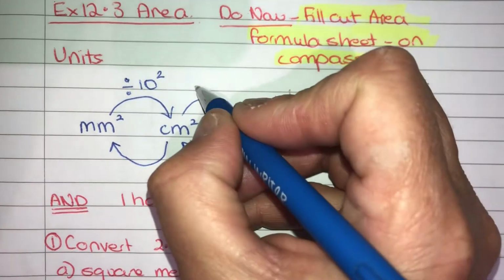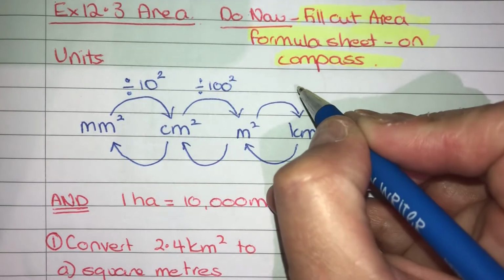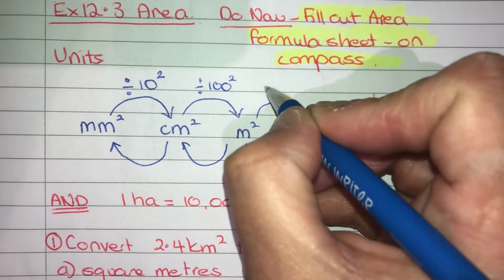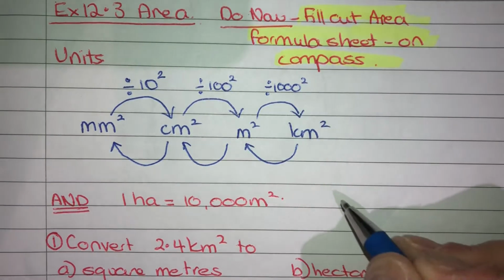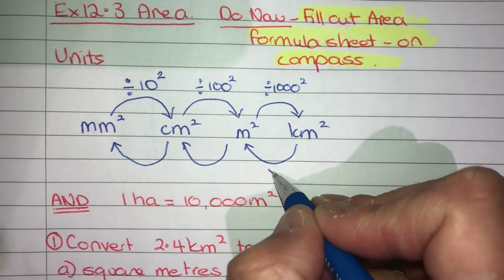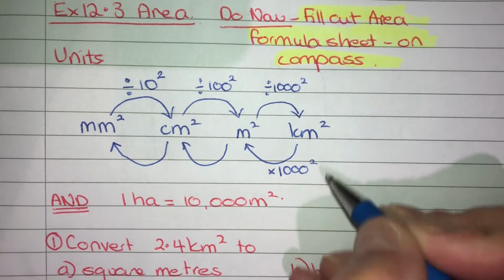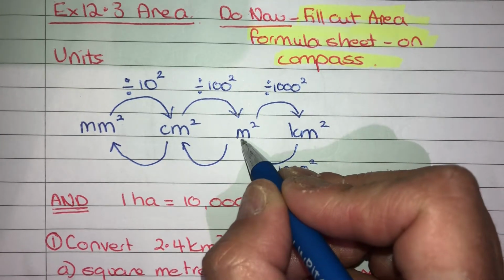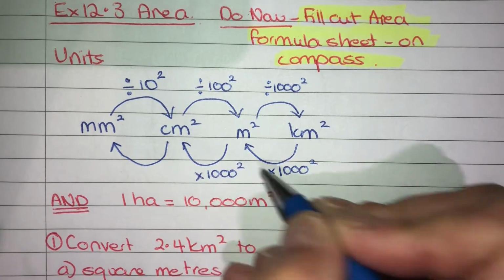Then we use the same pattern. So this one's going to be divided by 100 squared. And from metre squared to kilometres squared, we're going to divide by 1,000 squared. So then along the bottom, these are of course multiply, same number, 1,000, but this time it's squared. To get from metres squared to centimetres squared, we're going to multiply by 1,000 squared.